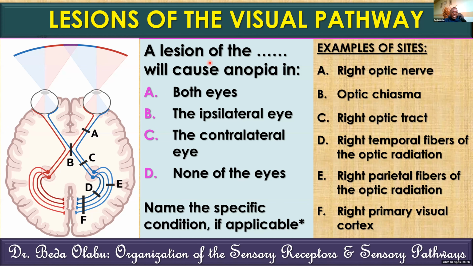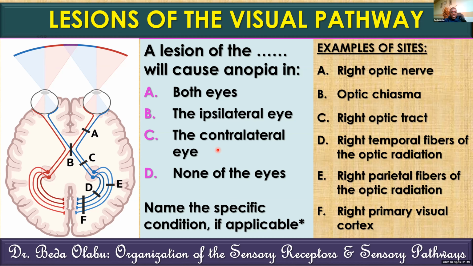So let's put, for example, a lesion of the pathway at A. What will be the effect of injuring the right optic nerve? Will you lose vision on both eyes, or only on the ipsilateral eye, which means the right eye?